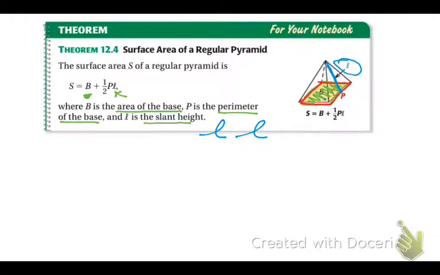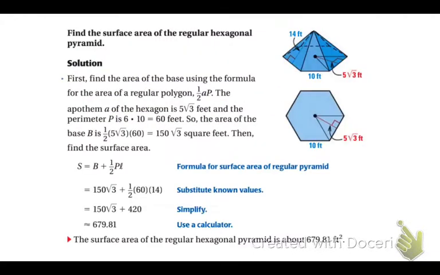So let's look at a problem. This one is from your book, so you can look at it. Here we have a regular hexagon for a base. A hexagon has, hopefully you remember, 6 sides. And here's our hexagon right there.